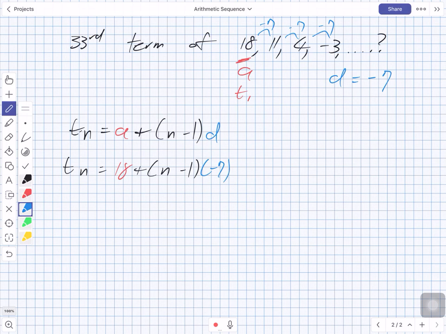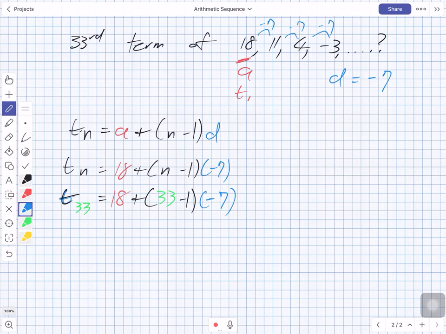Wonderful. What variable represents 33 in this equation when they say the 33rd term? N, exactly. So what they want us to find is t at 33, which is equal to 18 plus 33 minus 1 times -7.